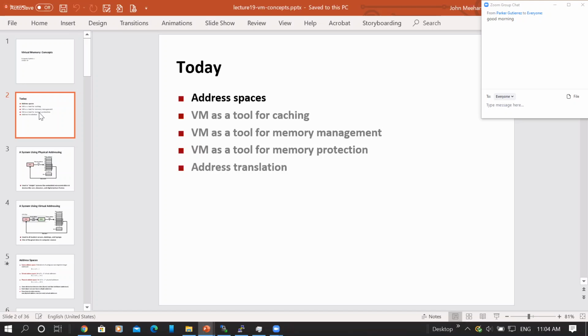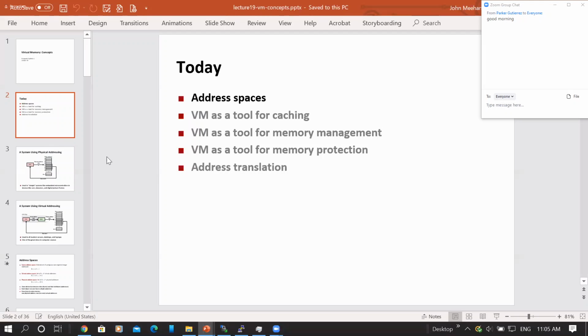There are a lot of different ways, therefore, of looking at what virtual memory accomplishes, in that it solves a bunch of different issues. The first method that we'll look at is virtual memory as just another form of caching, and we'll look at virtual memory as a tool for memory management and as a way to do memory protection, all those different sorts of issues that get involved with management of the virtual memory.